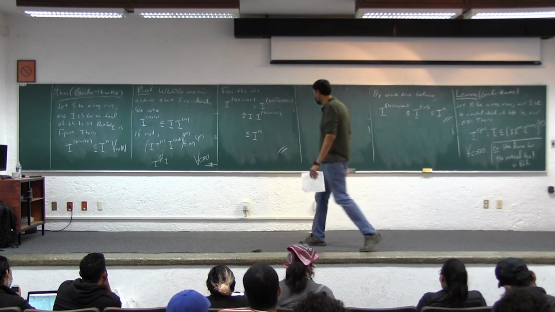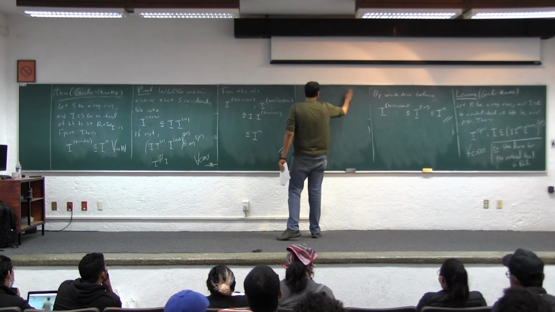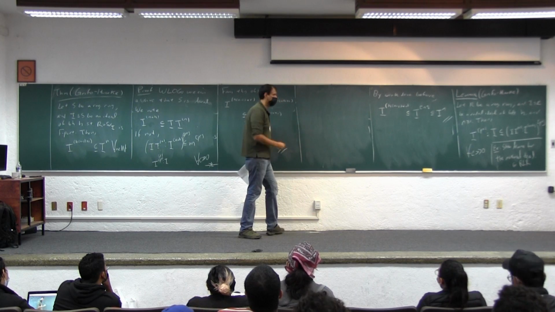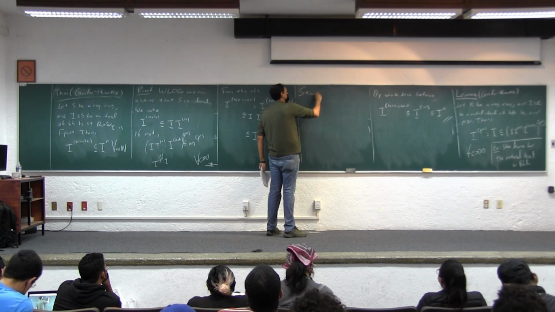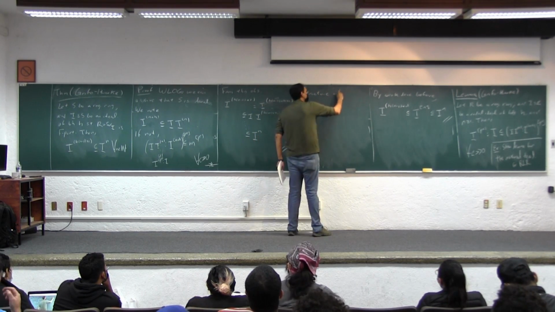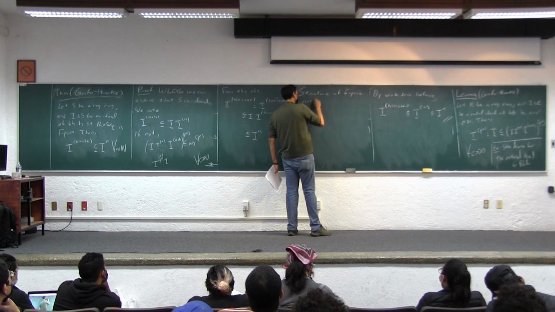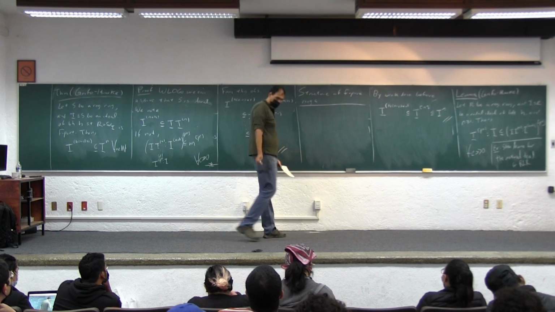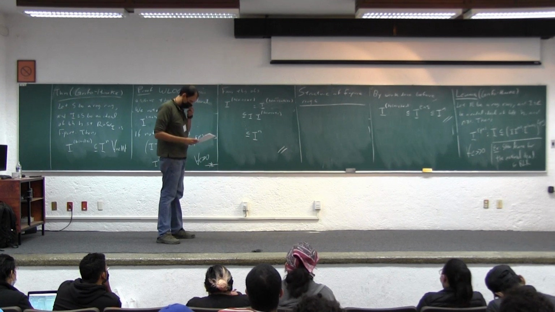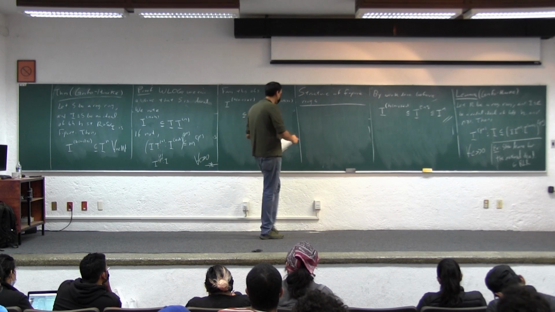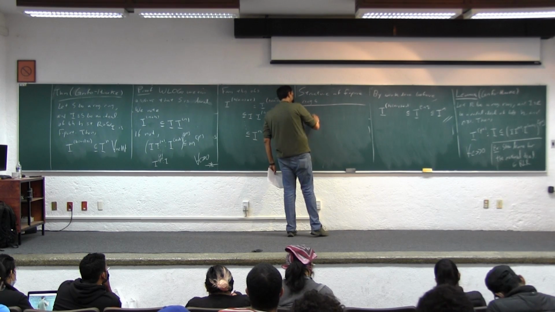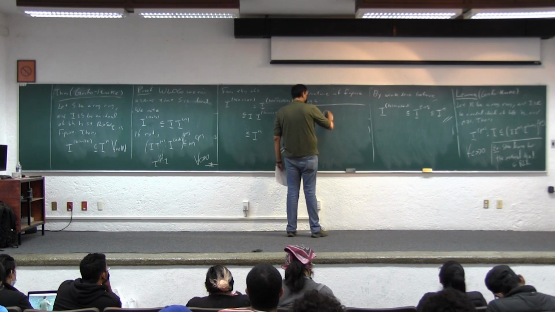Okay. So now I would like to talk more about the structure of pure rings. And again, pure is the same as split. So for this, I would like to focus now on R being local.